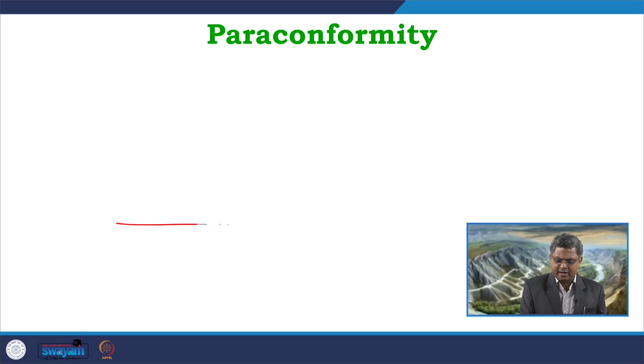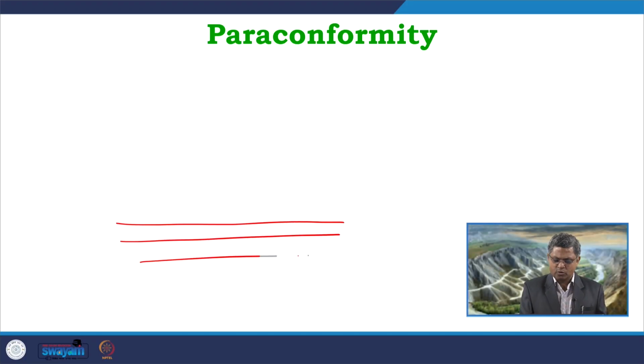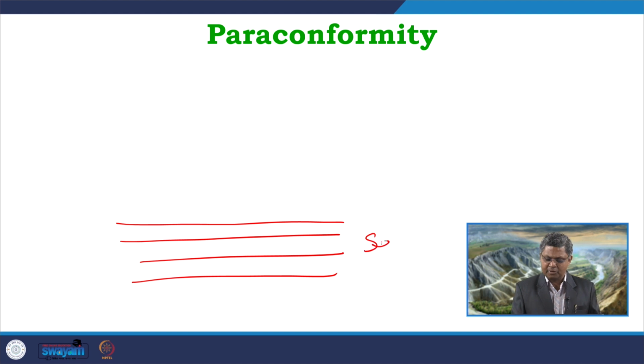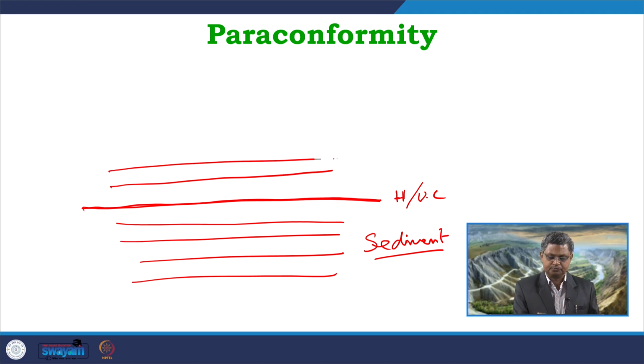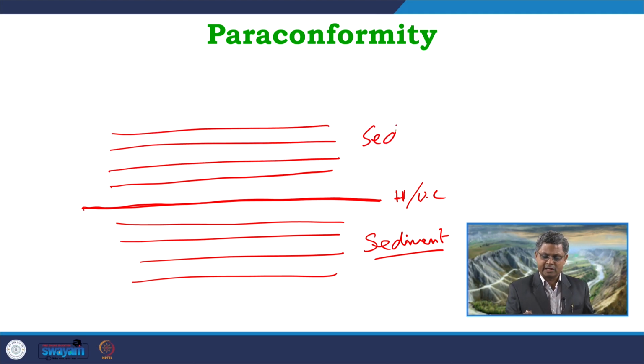So, the underlying beds are parallel beds like this, which are definitely the sedimentary beds. Now, on that we have a surface, that particular surface is the surface of hiatus. So, this is the unconformity surface, and on that again we are getting sedimentary beds which are parallel to each other, and they are parallel to the underlying unit. So, again we are getting sedimentary rocks over here or sediments over here.